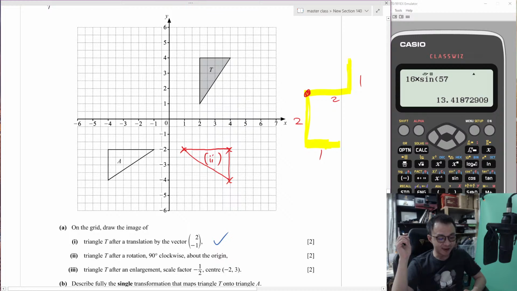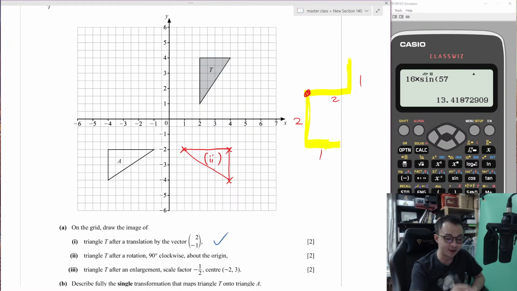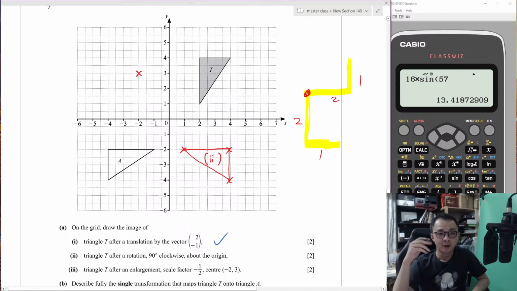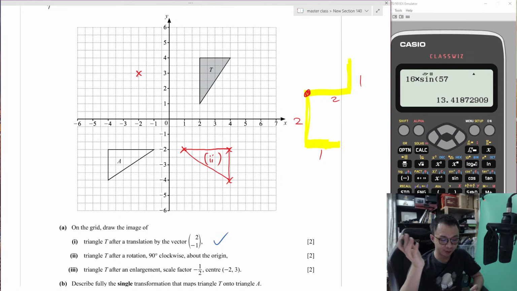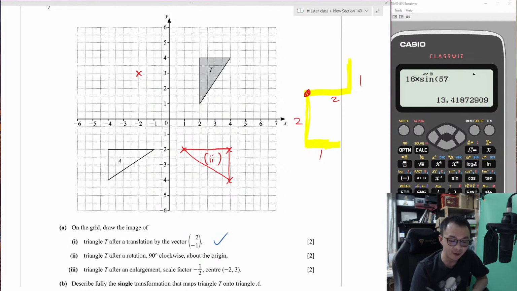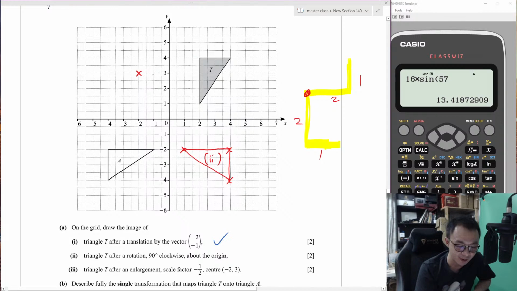Alright, then triangle T enlargement scale factor -1/2 at the center (-2, 3). (-2, 3) is somewhere here. Alright, so I'm going to do scale factor -1/2. What I want to do is for each of the points I need to calculate the translation from the center. Like this is 1, 2, 3, 4.